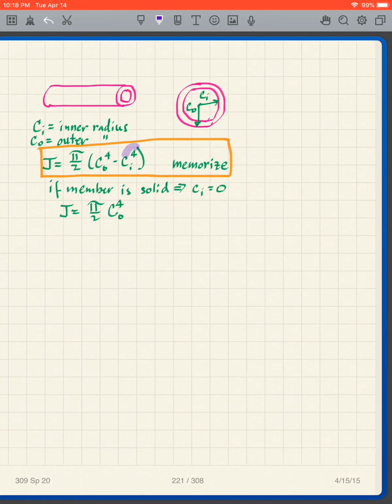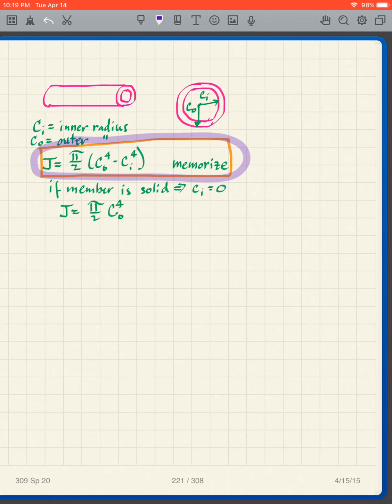So you can remember that this is a 4. The exponent is 4 here, simply by thinking about the units. The only hard part is you need to remember the pi over 2. So this is the equation that we will always use for J.